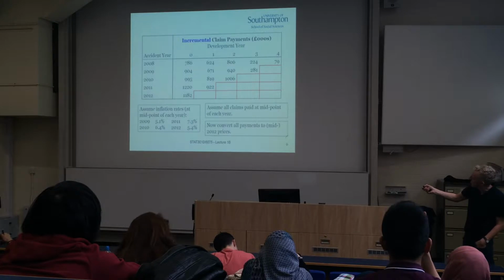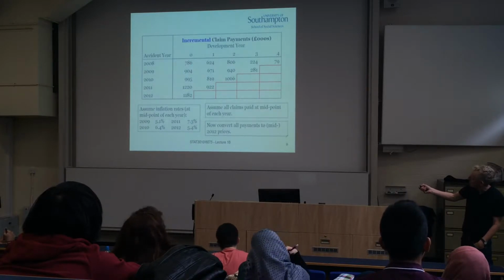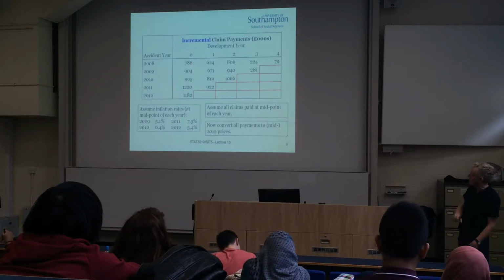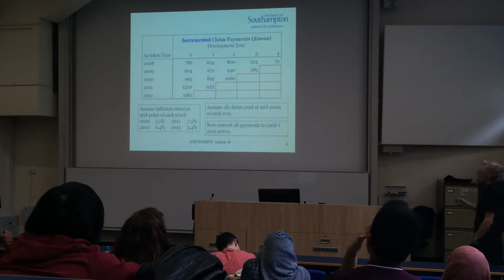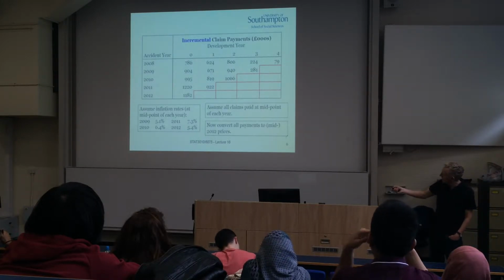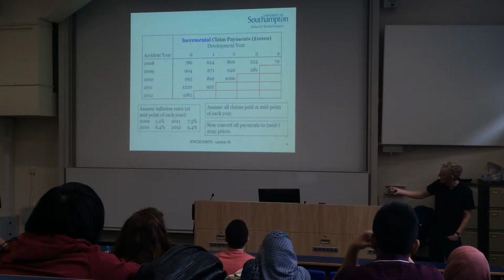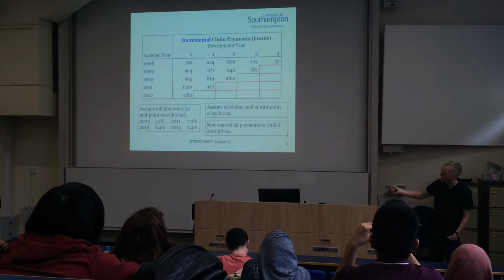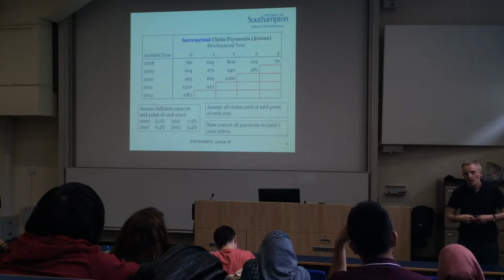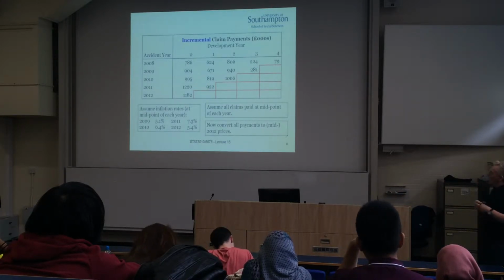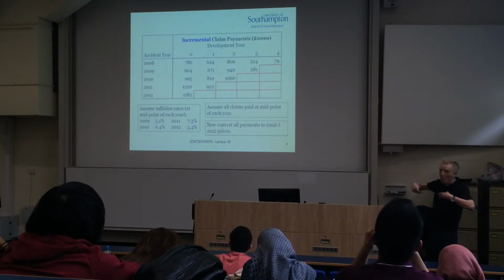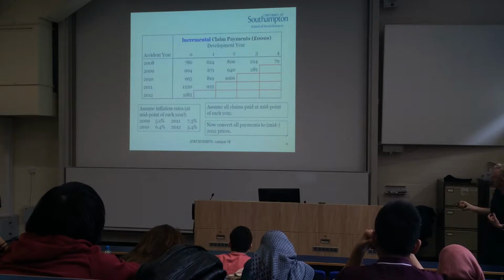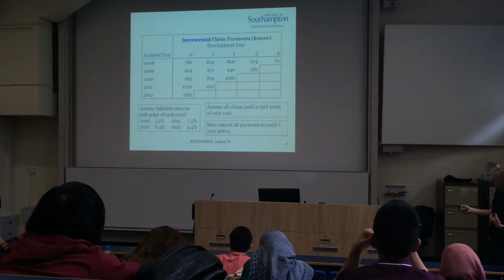So the final number you need to adjust is 786. That's a value of 2008 prices. So we have to multiply that number by the product of these factors, 5.1, 6.4, 7.3, 5.4. Okay. So you adjust all of those incremental payments to get them all at 2012 prices.